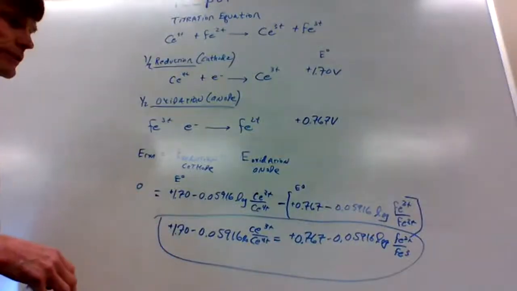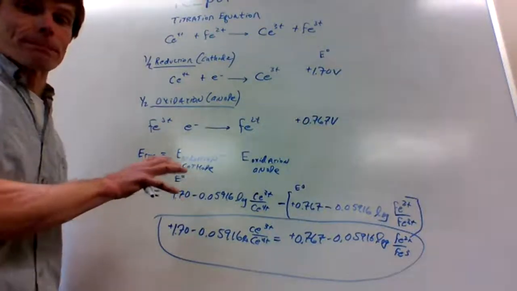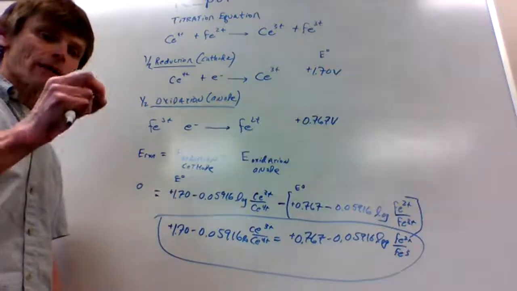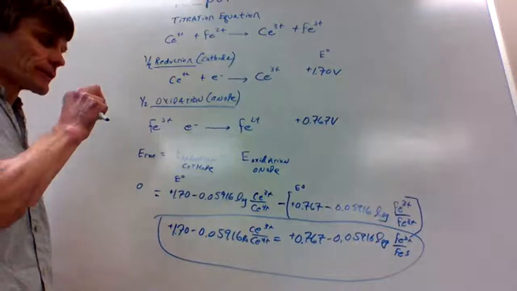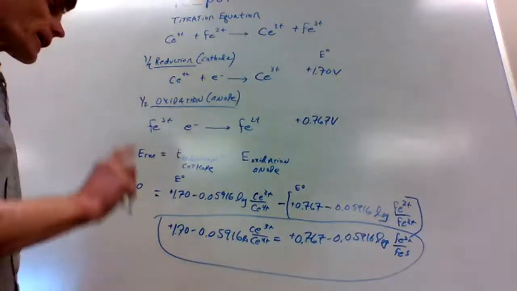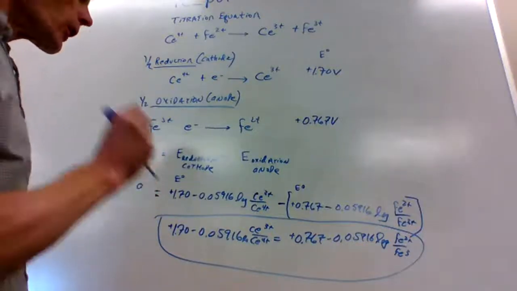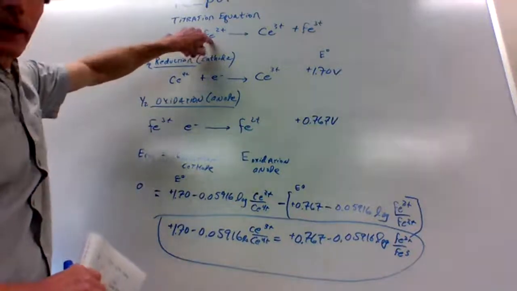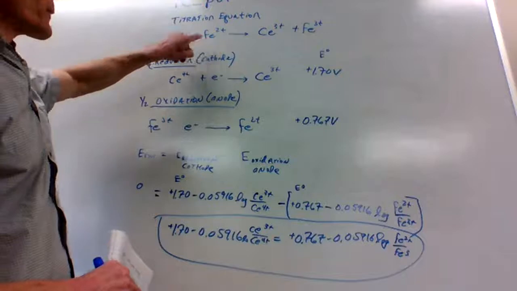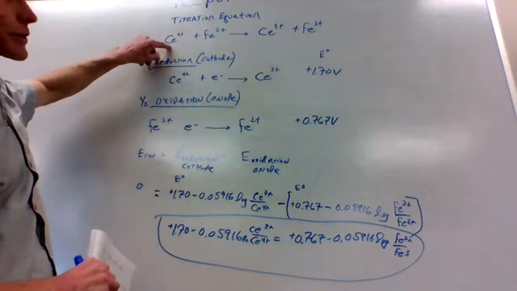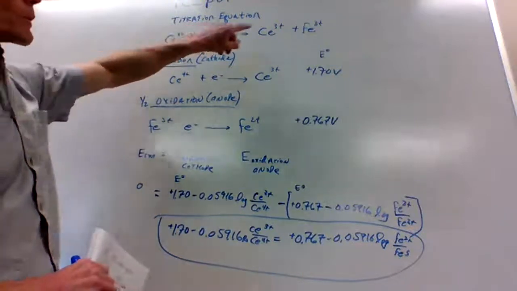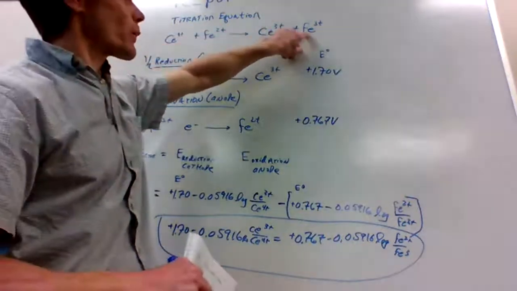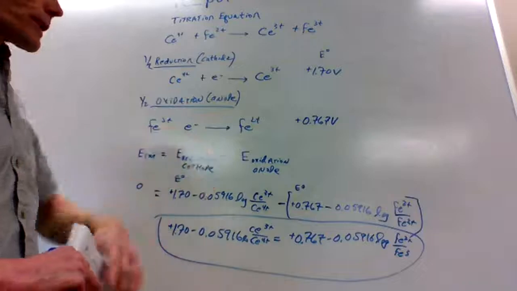I wanted to go through that because that's a little bit of the theory of what we're looking at during the course of the titration. And what we're going to show is that early in the titration, we're going to have a lot of our analyte, iron 2, and when we add amounts of ceric-4, we're going to be able to use the half reaction in which we're having our iron 2, iron 3.